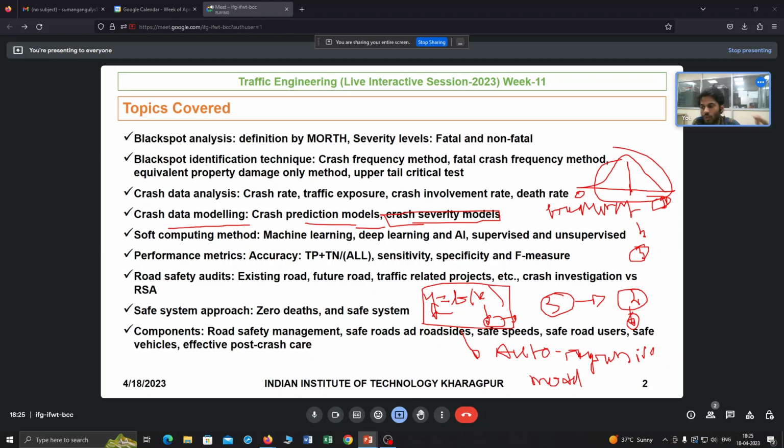So it could be a logit model or a probit model.